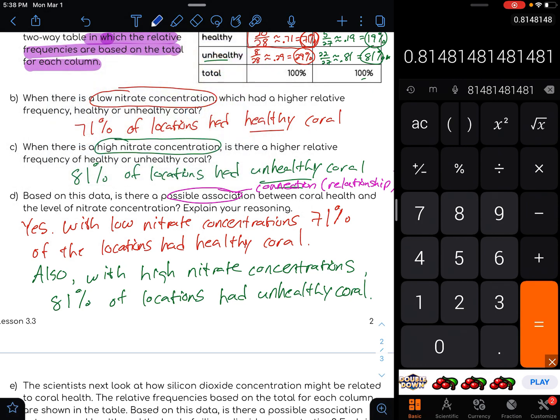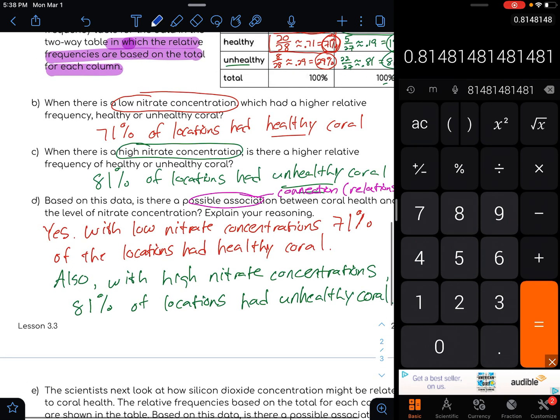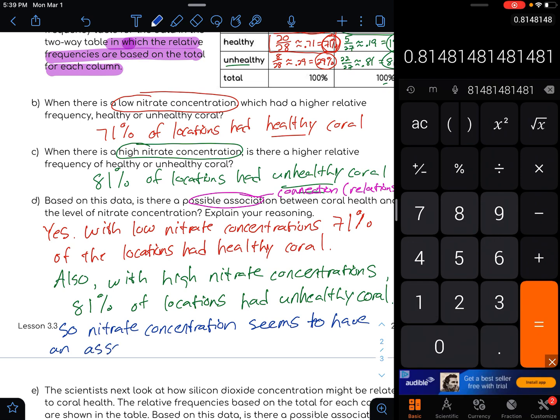Based on that, I think it seems pretty clear, because we've looked at it from two different directions, that the nitrate concentration does seem to have a relationship or a connection or an association with the coral health. So let's add that: nitrate concentration seems to have an association with coral health.